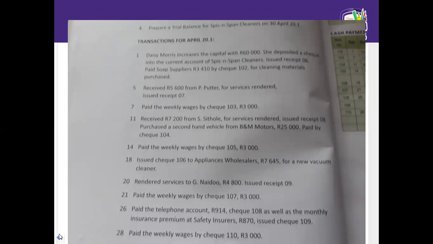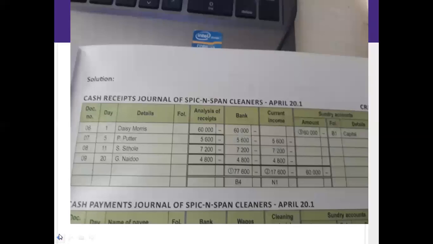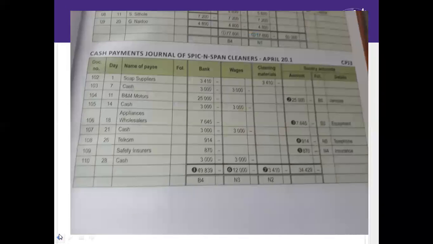Then 3,000 Rand with bank, 3,000 Rand with wages, because it was about wages that you have paid. So again, every time the amount in bank and for what it is, bank and wages.